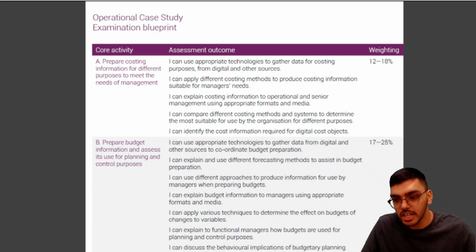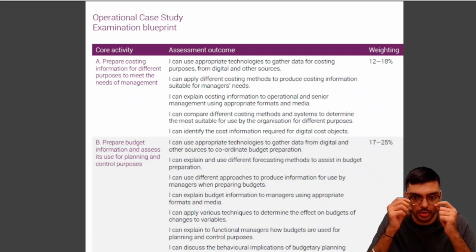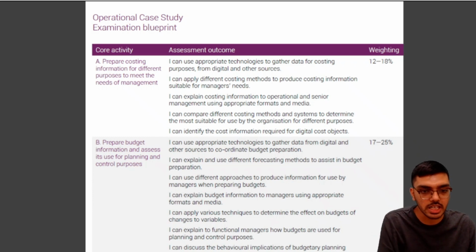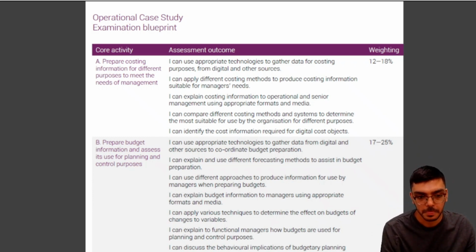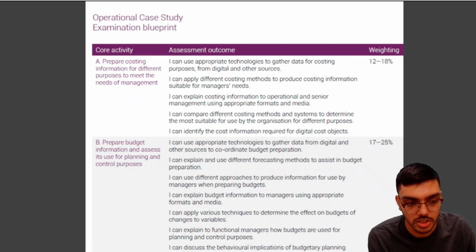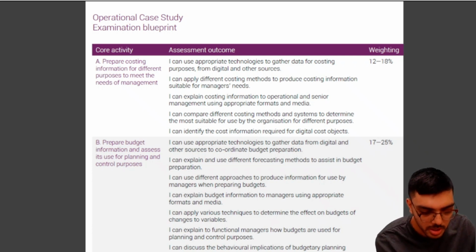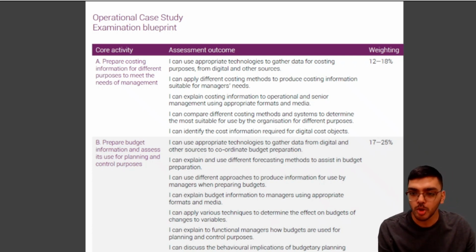Something very, very new that CIMA has introduced recently, at the end of 2019, is the blueprints. Now, this is a very discussed word, I would say, which is confusing students, making students go round and round in loops.